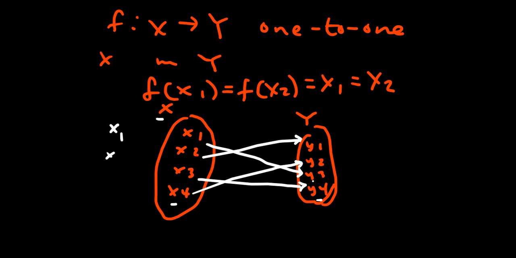Maybe if x1 was going to one point and x2 was going to the same point, then it would not be one-to-one, but here it is one-to-one since each is going to only one distinct point. So this is how we denote that a function is one-to-one.